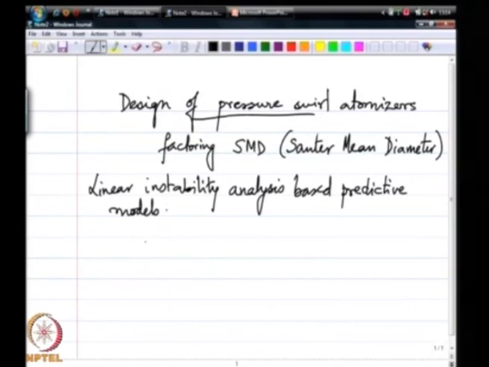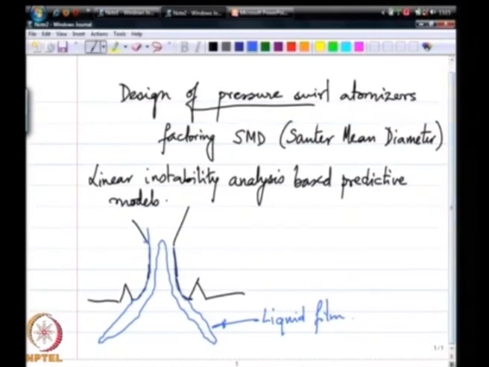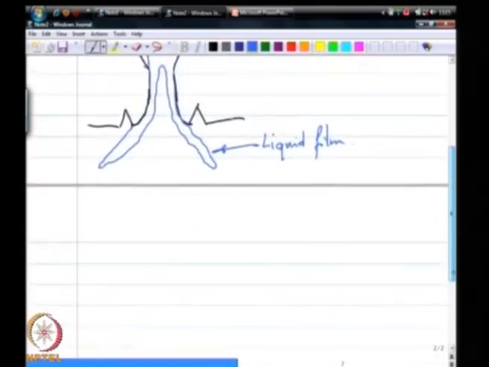Say for example, in a simplex atomizer you may have, let us say this is the exit port, and if you did the reentrant trumpet phase at the exit like we said, you essentially have a liquid film that is exiting your spray nozzle, and this liquid film itself could be swirling.